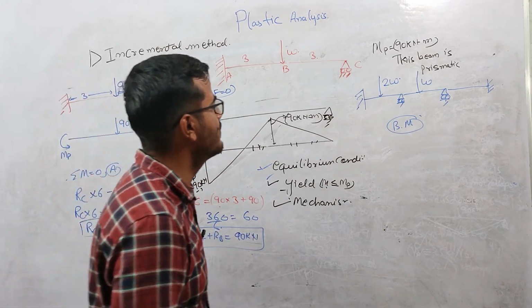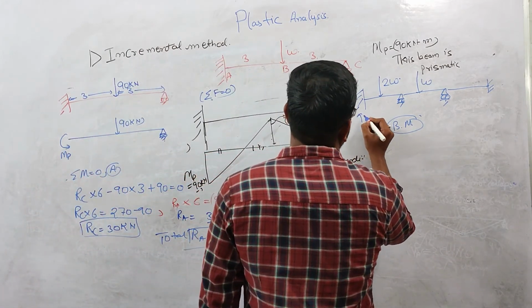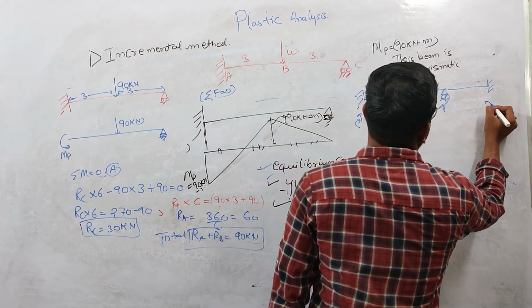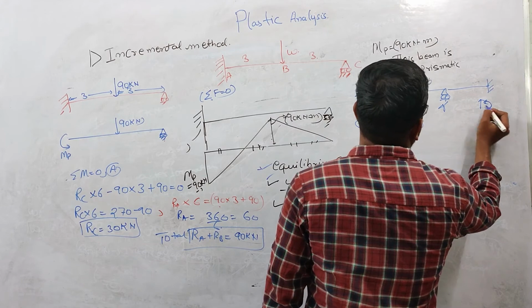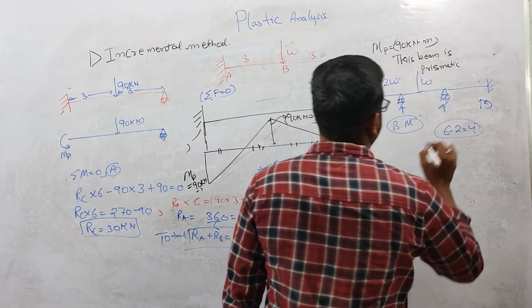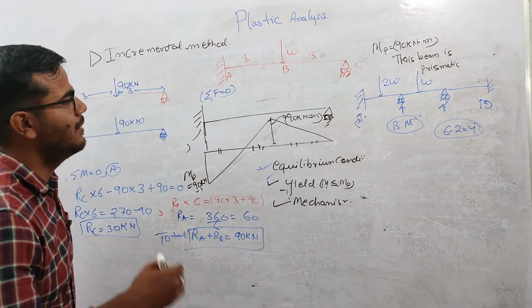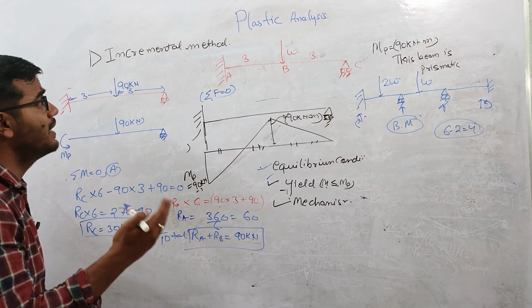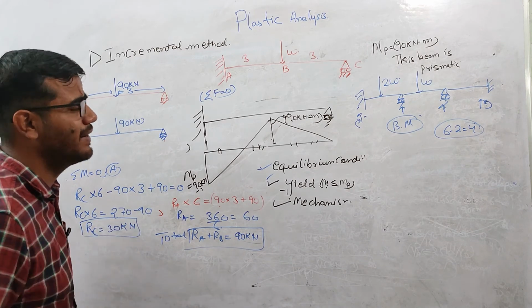What is the static indeterminacy of this beam? This reaction here is 2, here it is 1, and again here it is 2. So 2, 3, 4, 5, 6. 6 minus 2, that is 4. So it is laborious work to find the collapse load of this beam using this incremental method.